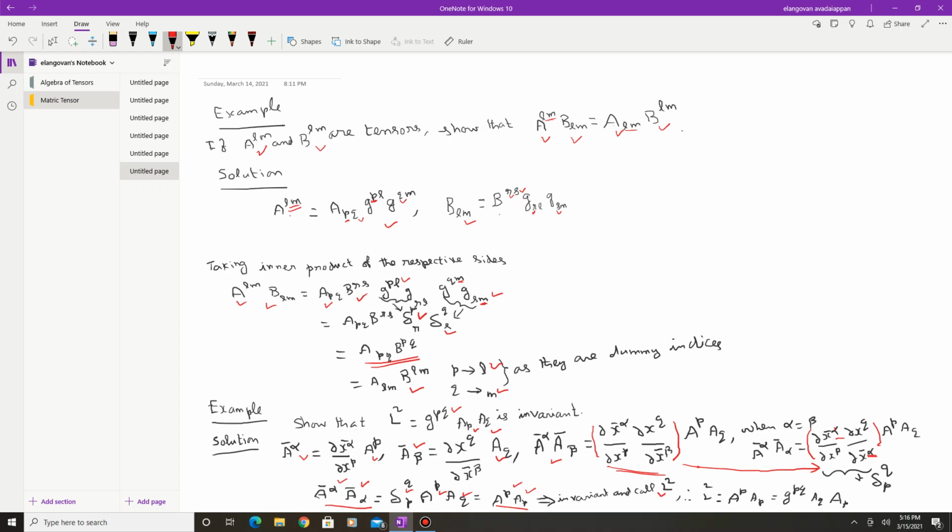So you put L square is equal to AP, the contravariant vector, the covariant vector, and this contravariant vector may be expressed as GPQ AQ. So from this you can prove this. L square is a constant. So since it is invariant, you can express L square in this form.